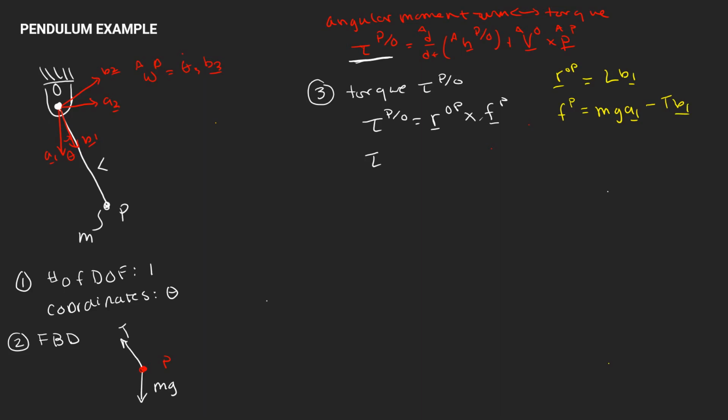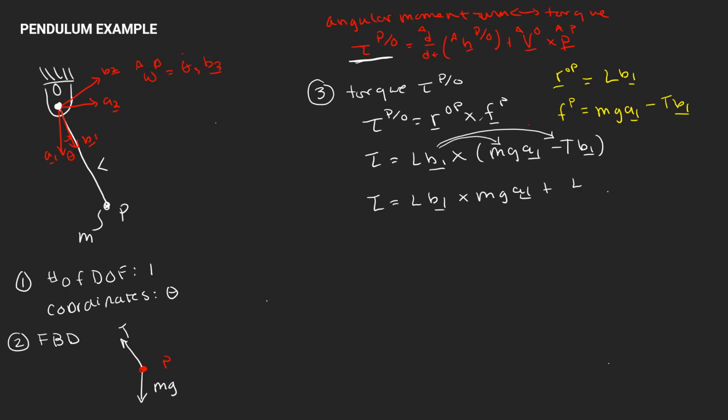So that allows us to write torque as the cross product between L B1 and mg A1 minus T B1. Just like regular multiplication, we can distribute out these terms. So torque is equal to L B1 crossed with mg A1 plus L B1 crossed with negative T B1.